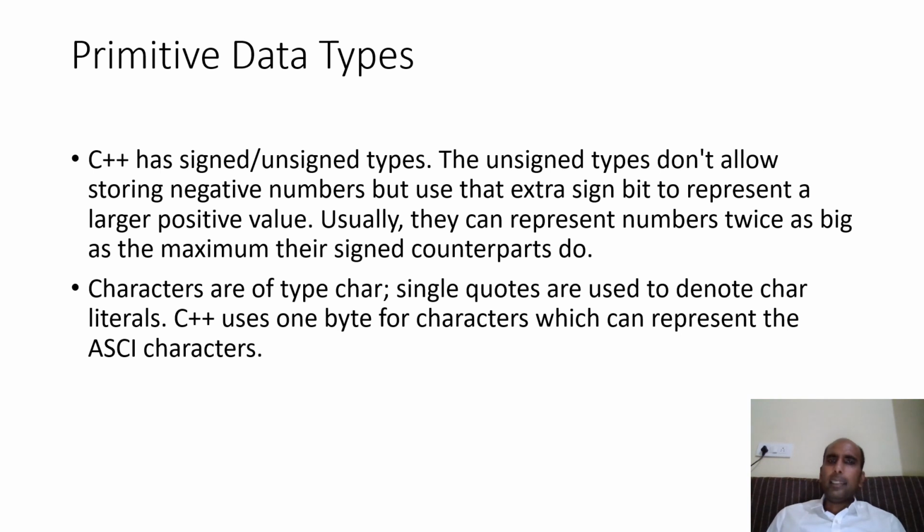Like C language, you have signed and unsigned data types in C++ also, like signed integer, unsigned integer that you have used in C language. The unsigned type doesn't allow storing negative values. So if you are going to store -5, you cannot use unsigned type, but it uses that extra sign bit to represent a larger positive value.